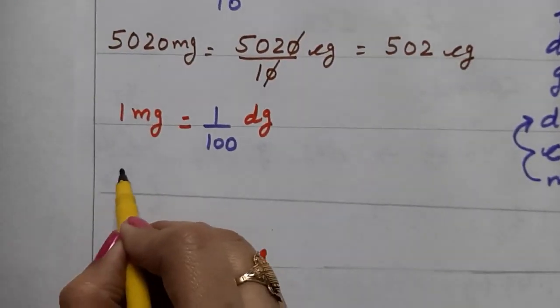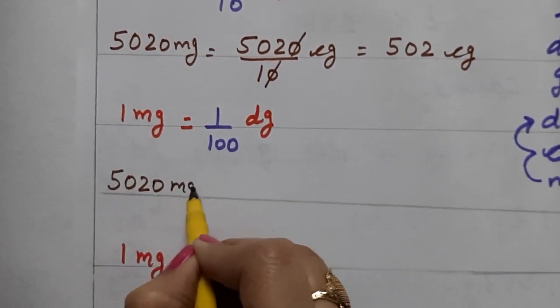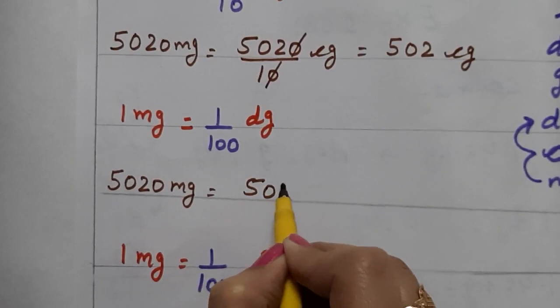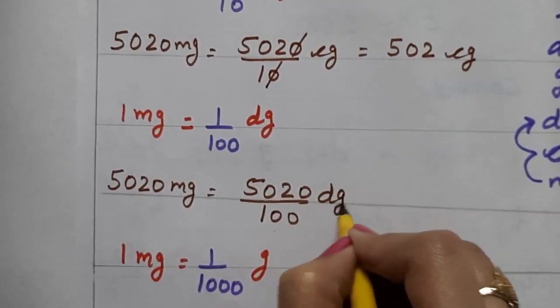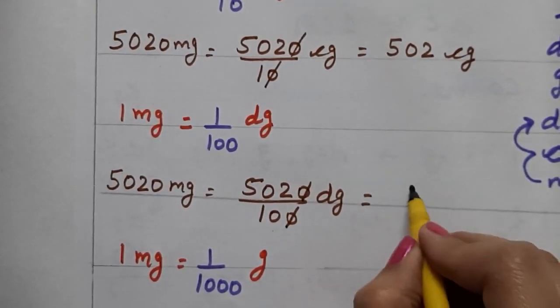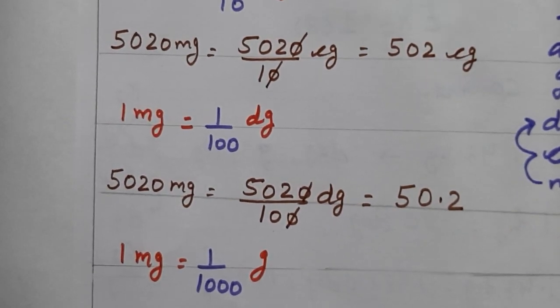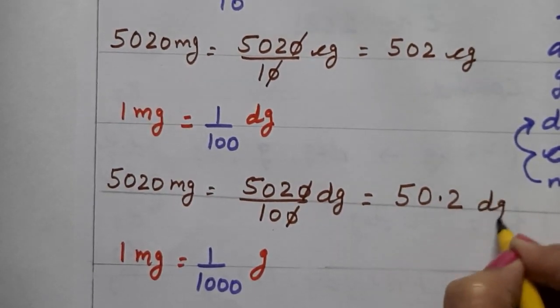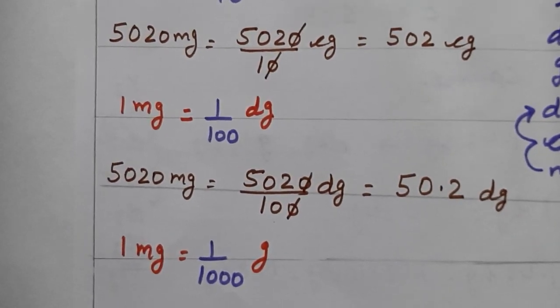Now next part, 5020 milligram is equal to 5020 upon 100 decigram. 1 zero will cancel and 1 zero is there, it will become decimal here. 50 decimal 2 decigram. You can put decimal.